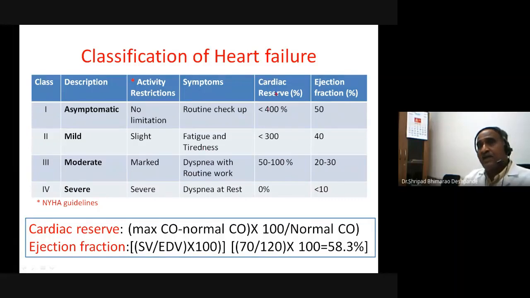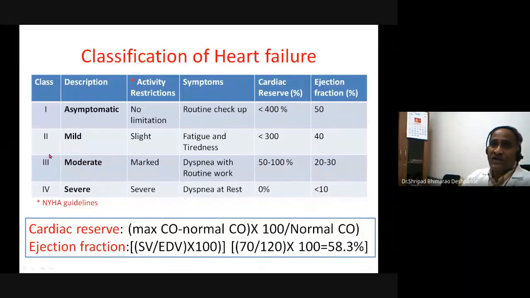If you look at the cardiac reserve, it is less than 300, between 100 and 300, and the ejection fraction has diminished to 40%. Normally the ejection fraction is 60%. Now it has come to 40%.